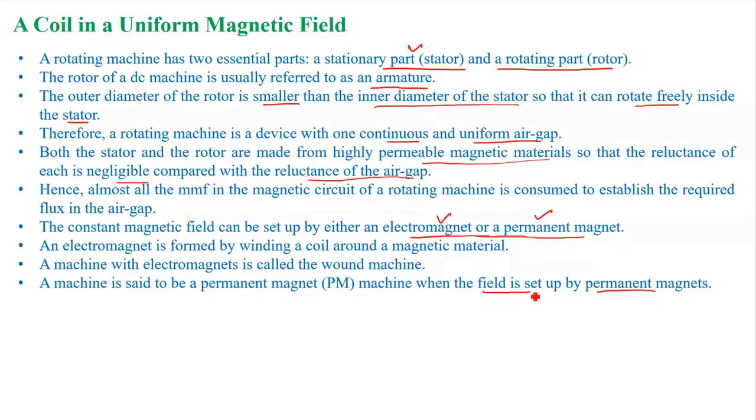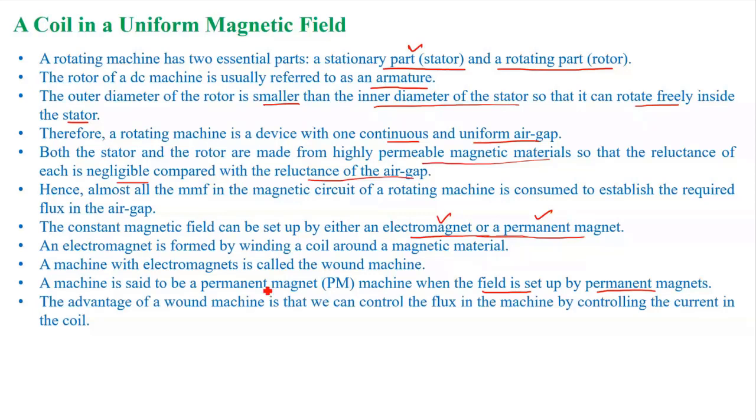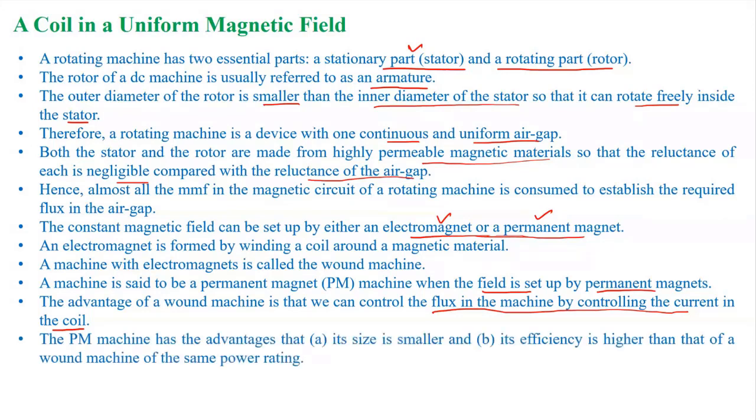The advantage of a wound machine is that we can control the flux in the machine by controlling the current in the coil. You will find in our lab almost all machines are wound machines, where you have to give external excitation and also you can control the excitation by controlling the current in the coil, right?